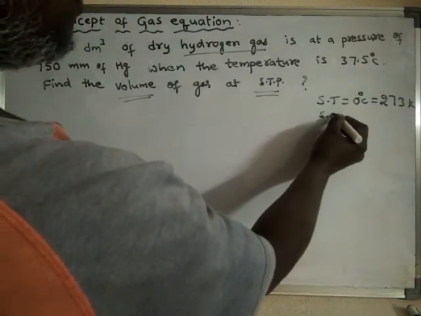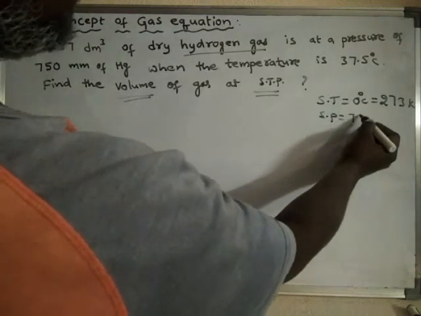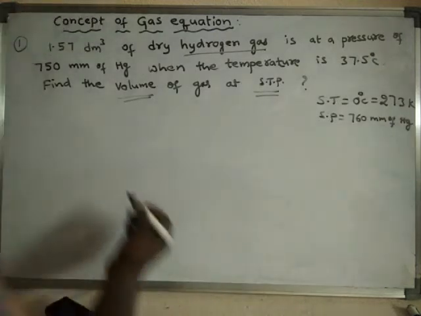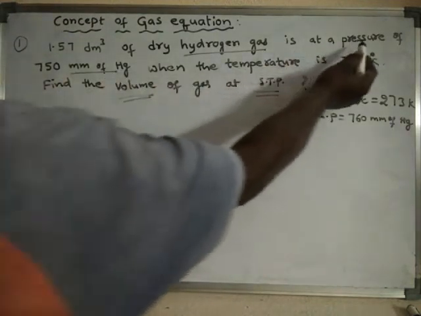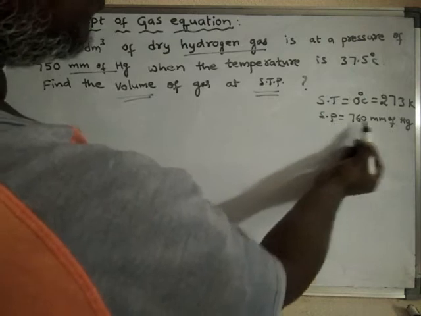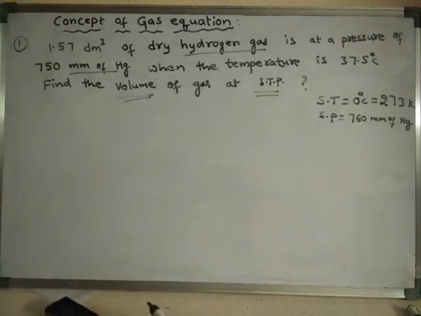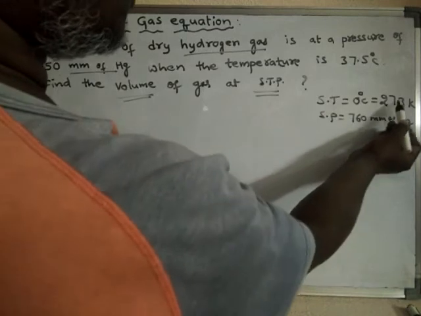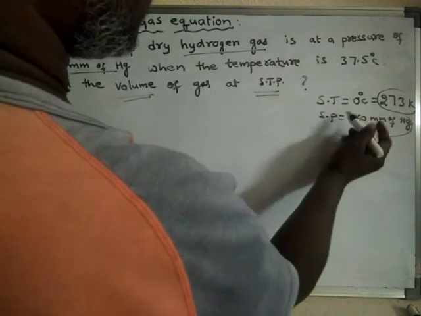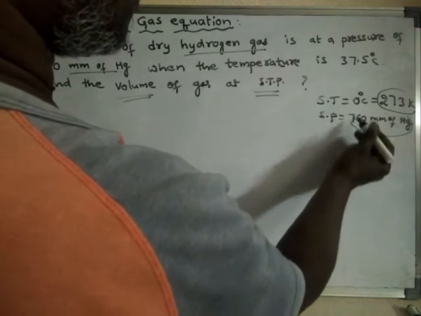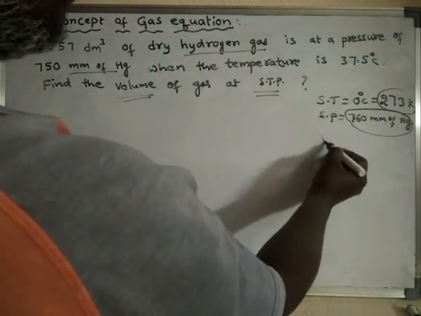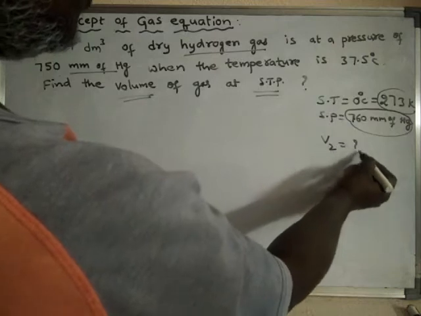And standard pressure is 760 millimeters of mercury. Because the initial pressure is given in this unit, we have to take the standard pressure in this unit only. So under these conditions, what is the new volume V2?